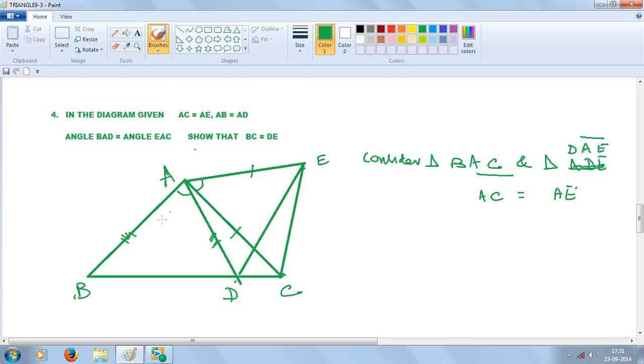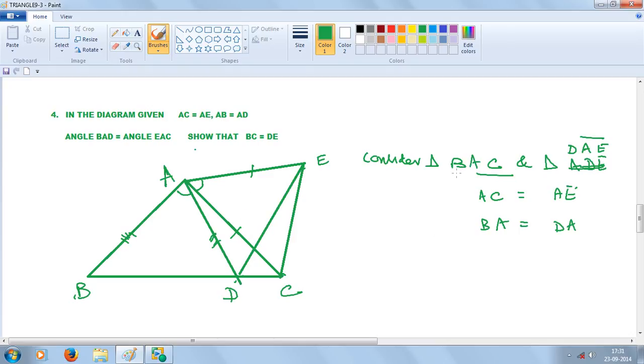What about AB? This also is coming in the same order, no? BA is equal to DA, in the same order. It's given. And the angle BAD.